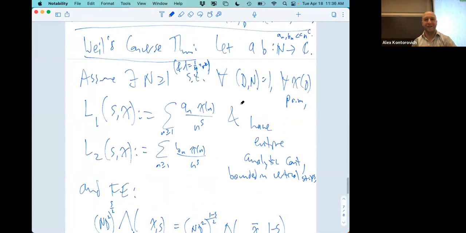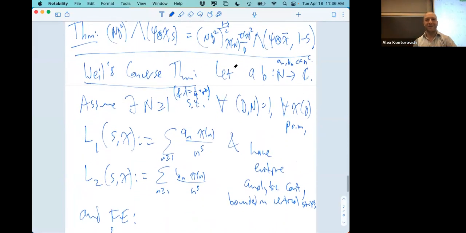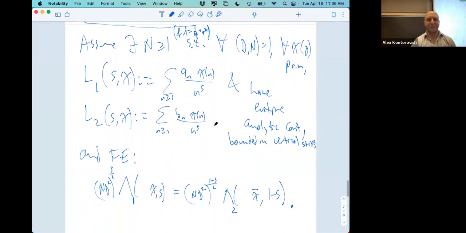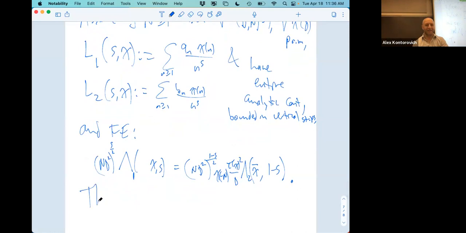Now I have to put in the correct factors here. It's easier just to write them. Can someone tell me what they are? Chi of negative n, tau of chi squared over d. Then, that's all the assumption.